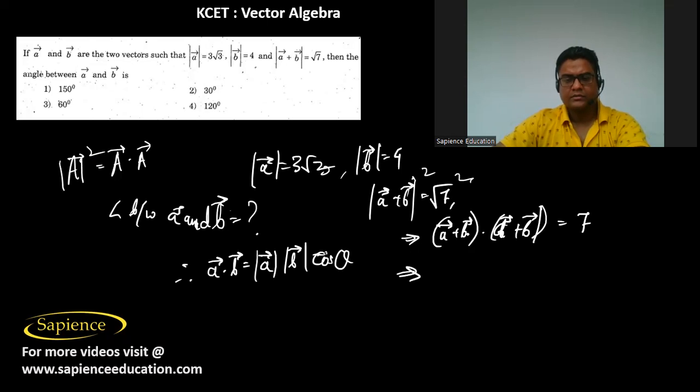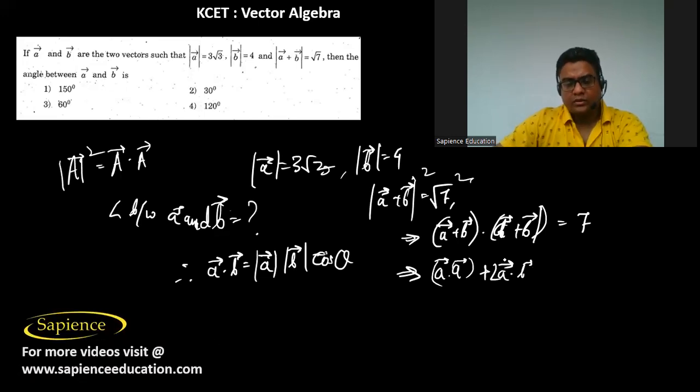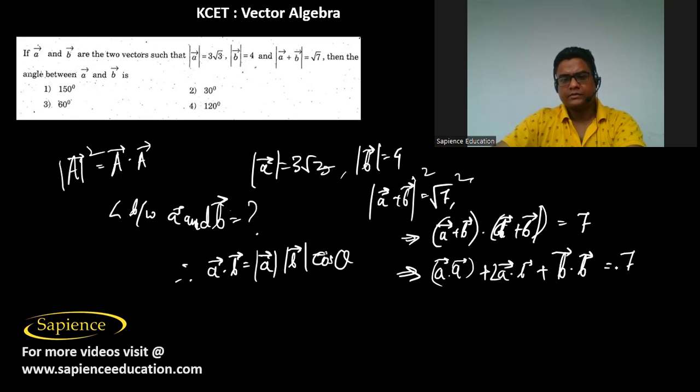So here we can say a dot a plus 2 a dot b plus b dot b, that will be equal to 7.